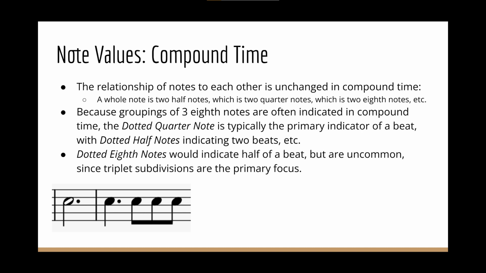A dotted eighth note would technically still be half of a beat, but because compound time signature is a way for us to write a focus on triplets, you're probably not going to see 2 dotted eighth notes indicating 2 halves of a beat. It would be easier to just write it in a simple time signature if that was the emphasis of the music.